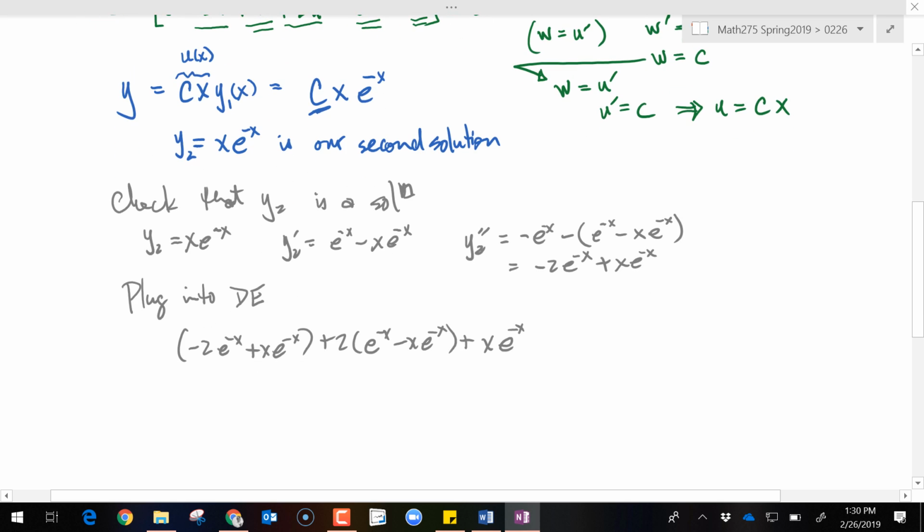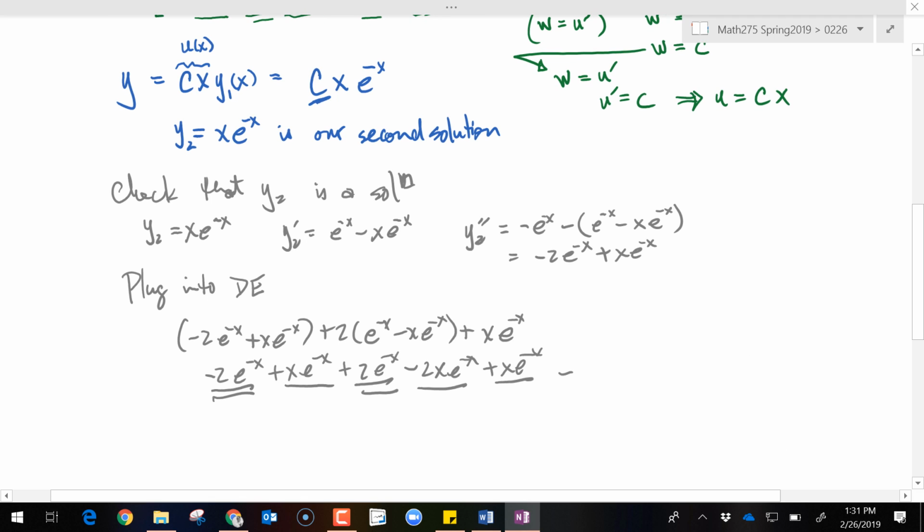What's this equal to? We got negative 2e to the negative x plus x e to the negative x plus 2e to the negative x minus 2x e to the negative x plus x e to the negative x. So the x e to the negative x's all cancel out, and then the regular e to the negative x's also cancel out. So this is equal to 0.